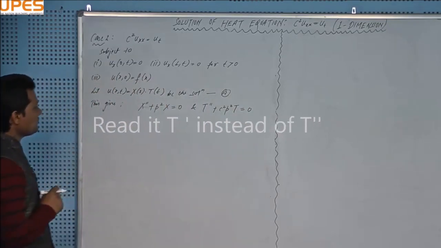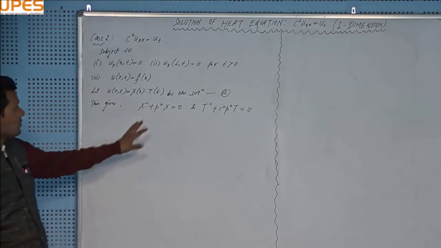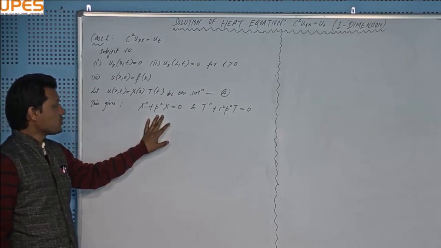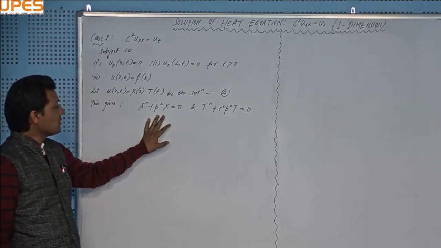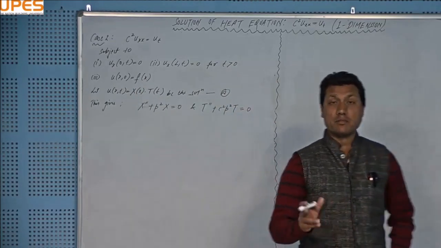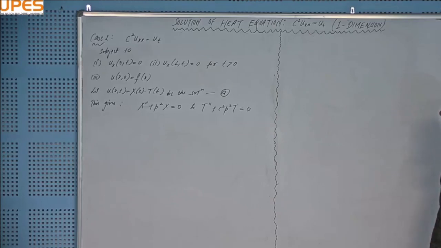And you know what this p square is? p square is actually the value of the separation constant, k equal to minus p square, if you remember the original derivation of this heat equation.